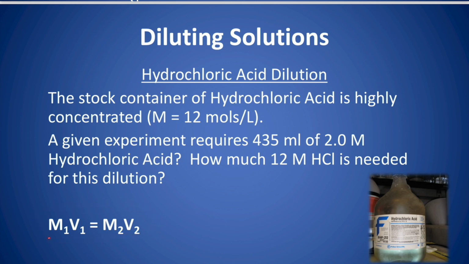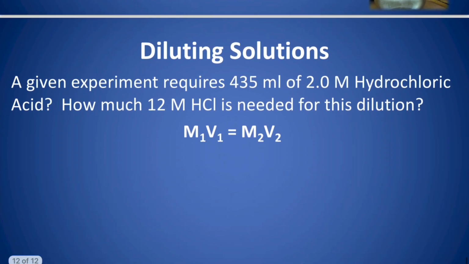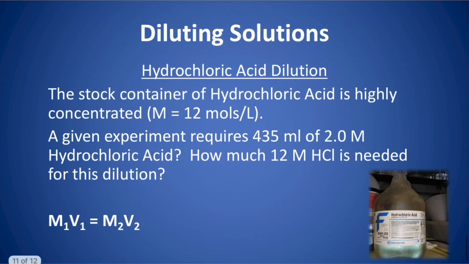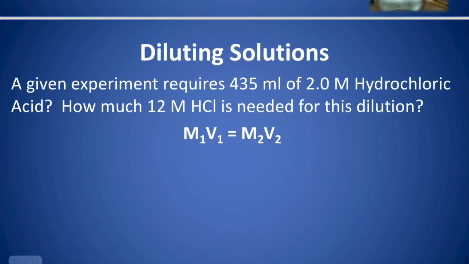So it's just the molarity of the starting solution times the volume of the starting solution will be equal to the molarity of your ending or dilute solution times the volume of that dilute solution.